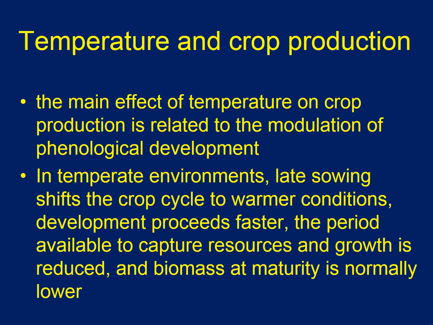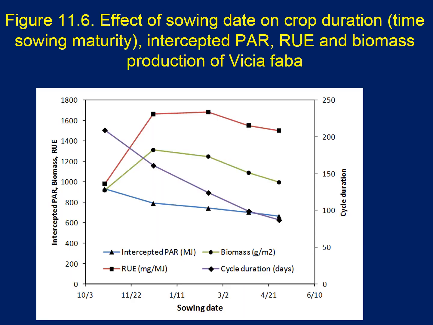Development proceeds faster, the period available to capture resources and growth is reduced, and biomass at maturity is normally lower. In other words, in general, higher temperatures in temperate environments mean a shorter season length and therefore less biomass produced at maturity. This is illustrated for this experiment with faba bean.